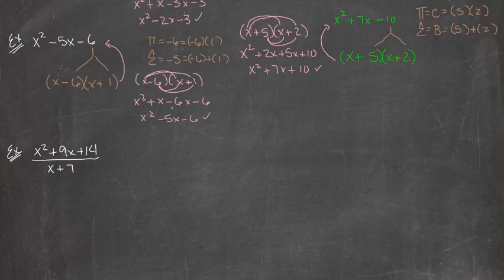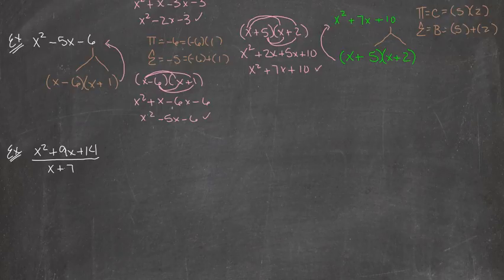So if x plus 7 is a factor of x squared plus 9x plus 14, I should be able to factor the numerator, cancel with the denominator, and I know what the answer is. If it's not a factor, I would have to do long division in order to do this division. But I'm hoping for the factoring.